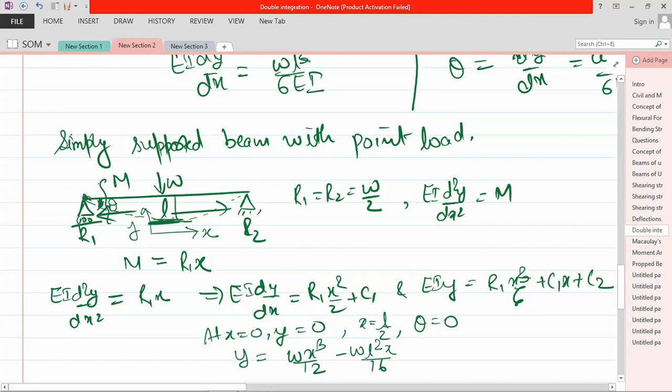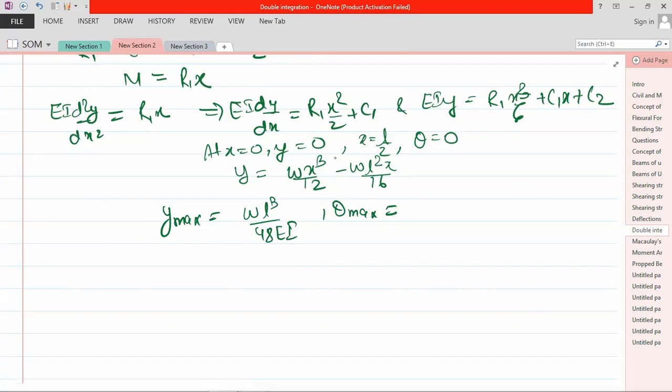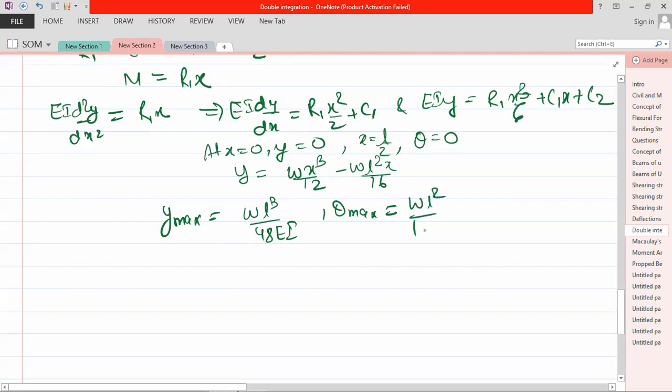So y maximum is equal to, putting x is equal to L by 2, W L cube by 48 EI, and theta maximum is W L square by 16 EI. So these are the two values for simply supported beam with point load.